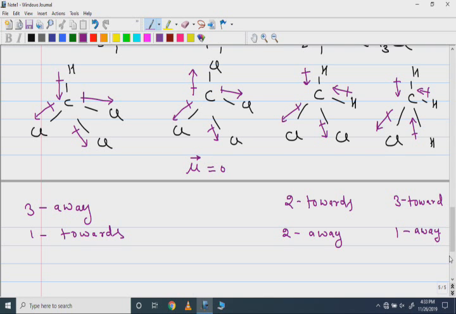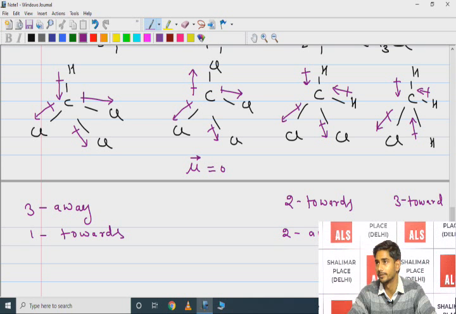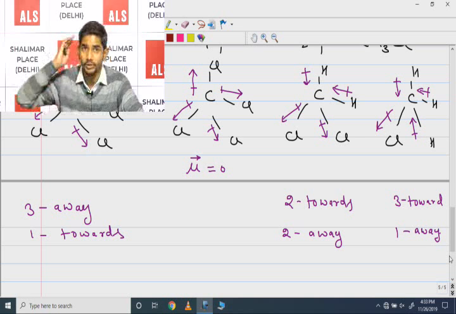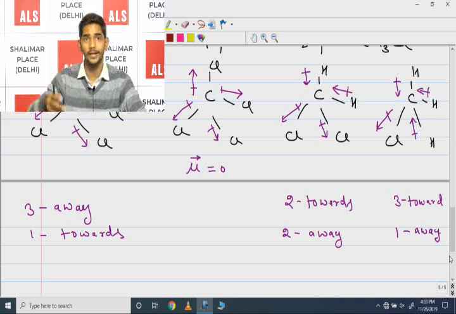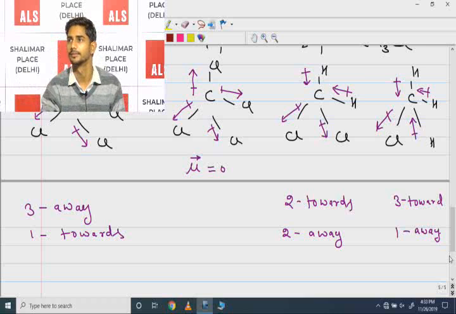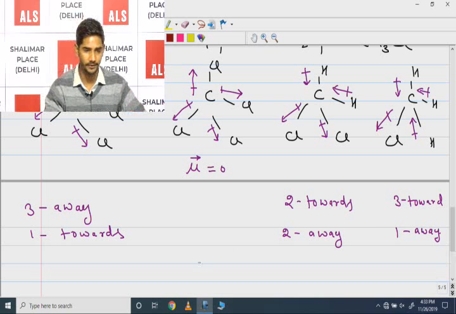Yes, Shillong, that's absolutely the right answer. Who has given this answer? Please raise your hand. One, two, three. Okay, very good.